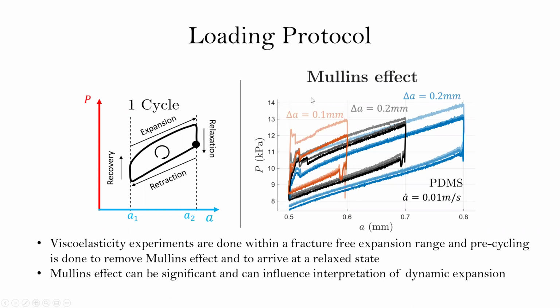And we showed this effect in the cavity expansion setting. And to our knowledge, this is the first time that's being shown in this setting. Typically, it's shown in uniaxial loading. So we pre-cycle the material in the stretch range that we want to test to remove this Mullins effect. And then that's when we start the testing and do this loading protocol.